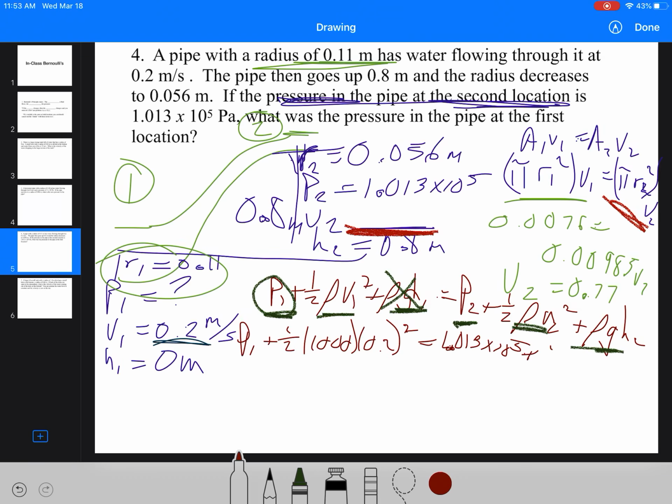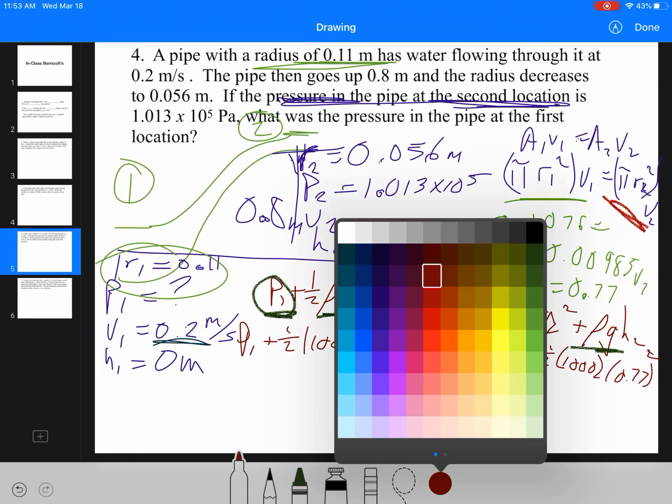Plus 1/2 times 1,000 times 0.8. Oops, not 0.8, 0.77. Here, sorry, I shouldn't scribble. I have an undo button. 0.77 squared.